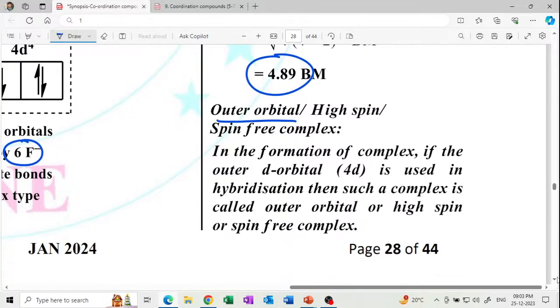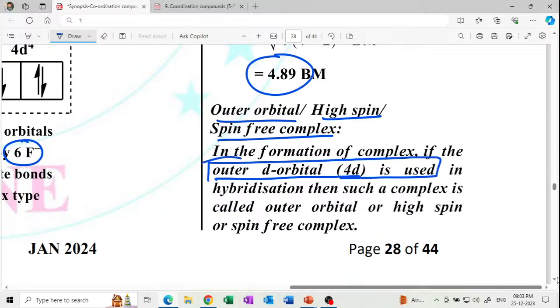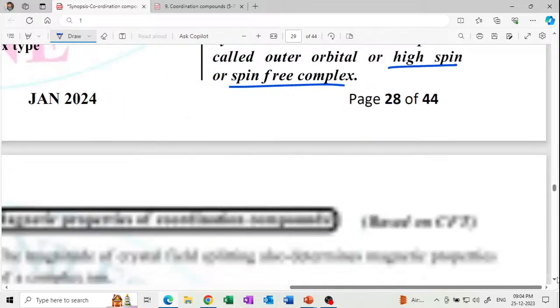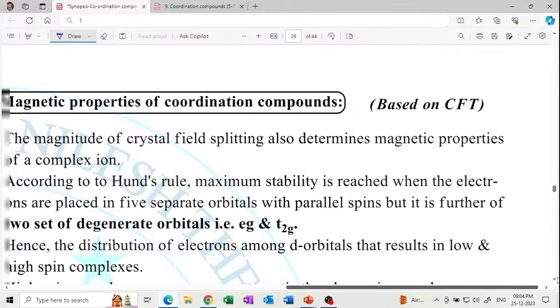What is an outer orbital high spin or spin free complex? In this complex, the outer d orbital is used. The outer orbital is used. So that is known as an outer orbital complex, or high spin complex, or spin free complex. Get it?